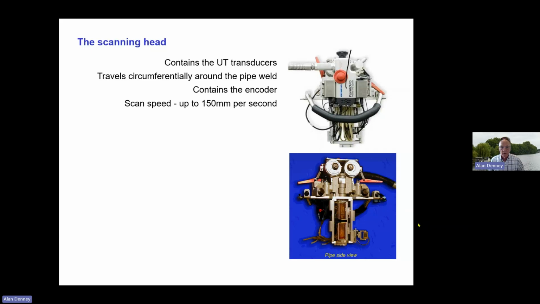There's an encoder so that relative to the datum, the strip chart reporting knows exactly where around the circumference any indications originate. And it scans up to 150 millimeters per second, so a very fast inspection technique.